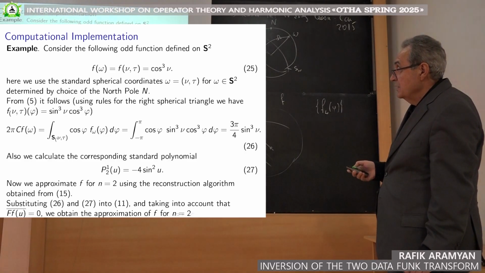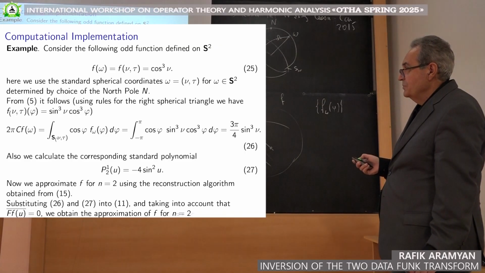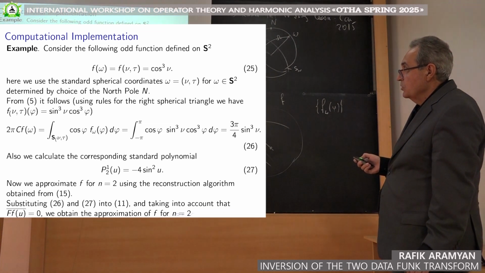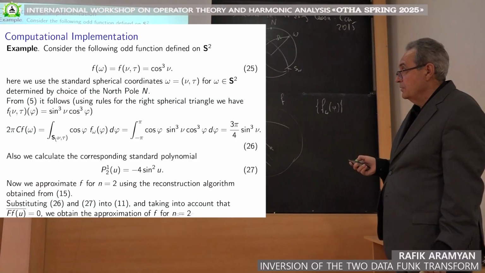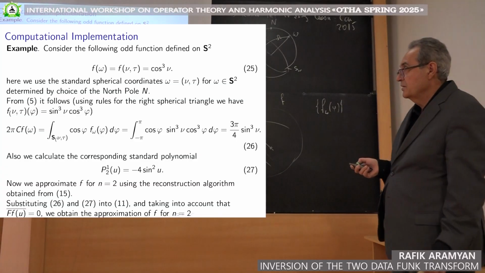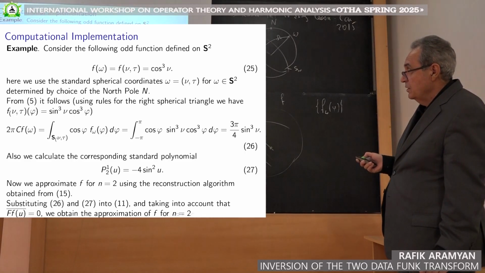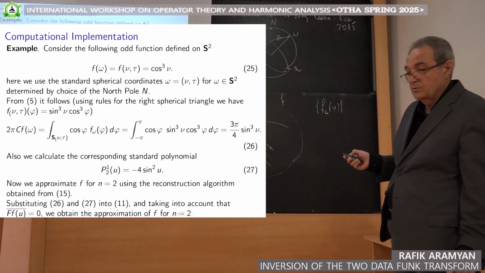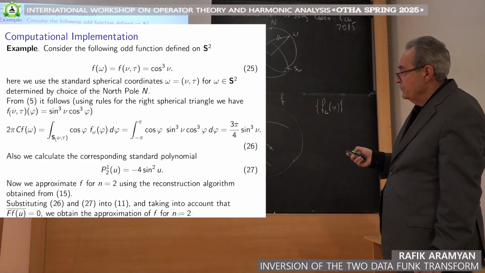By the way, I have some computational implementation. Let's consider a very simple function, the cosine curve, where nu is the polar angle. For the North Pole, we have Fn equals 1. Let's try to recover Fn using our inversion formula. It's an odd function, so the Funk transform is 0.